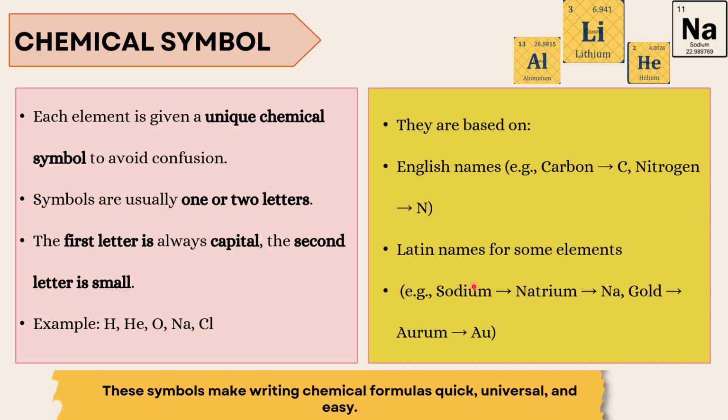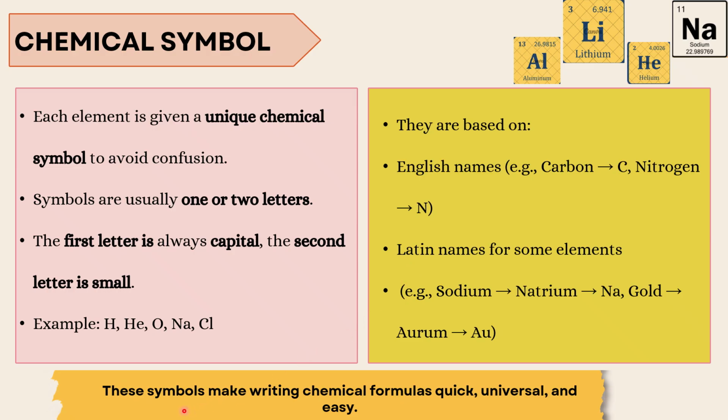The conclusion from this slide is that we have taken these chemical symbols from the first one or two letters of the names. Secondly, two languages are used in this naming system: English and Latin. Some elements are named using their English names, and some using their Latin names.